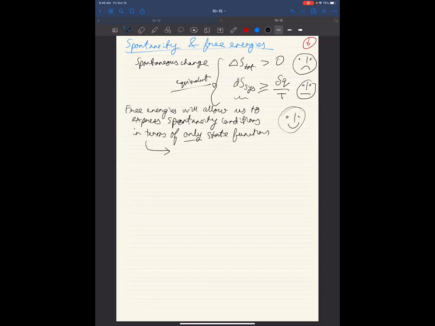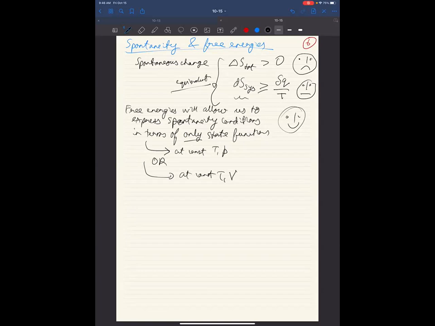However, this will not be very general. It will apply to processes at constant temperature and pressure or processes at constant temperature and volume, okay? We won't be able to do it for very, very general conditions. These two conditions, however, are the typical conditions under which chemical reactions happen. So they are useful to us.